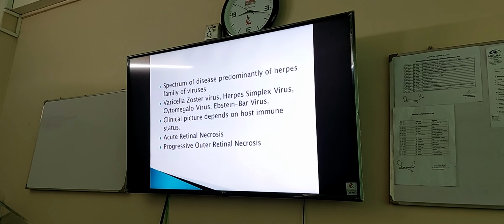So in all the uveitis cases you have one thing in mind, that the posterior segment may be involved. So we miss many posterior uveitis cases because of the overload; we do not dilate every case of uveitis.